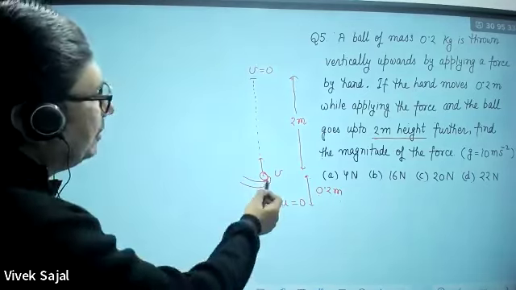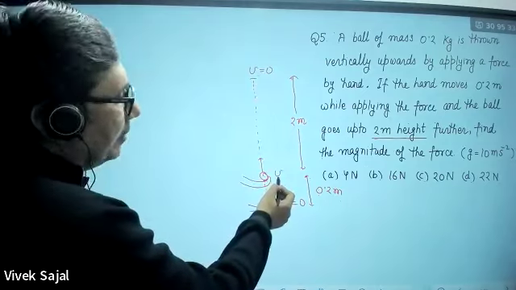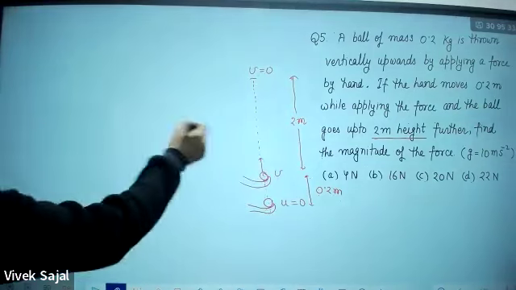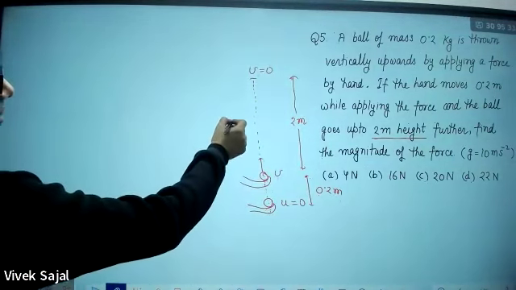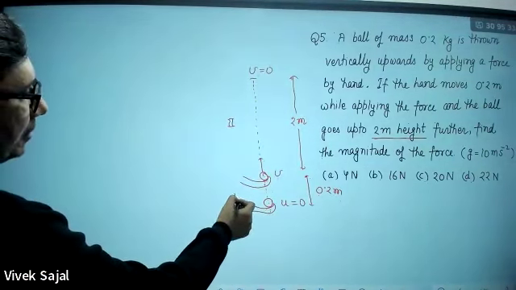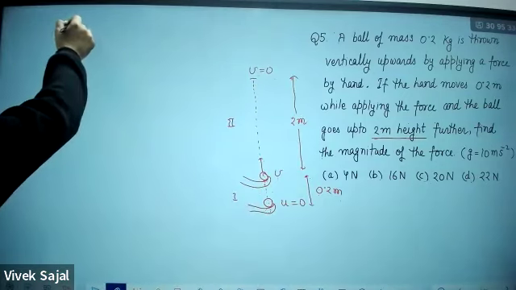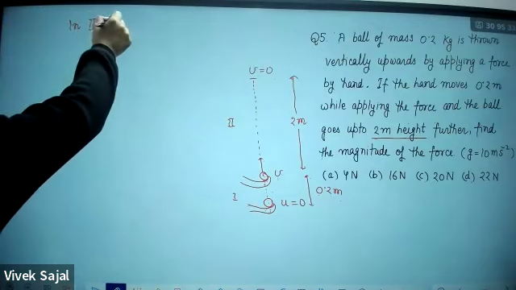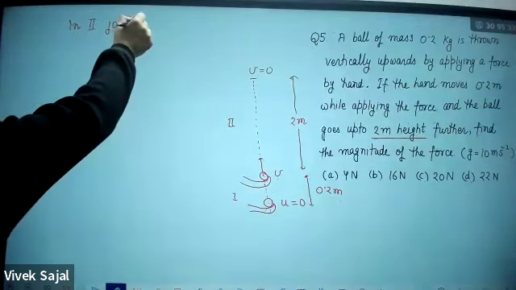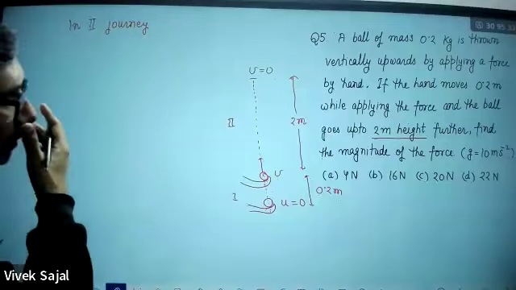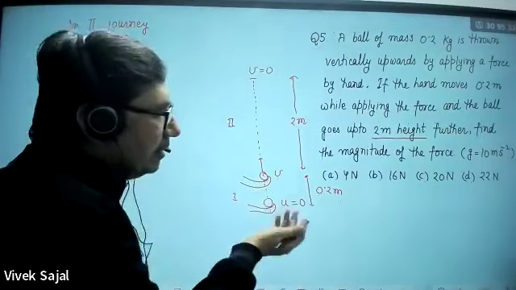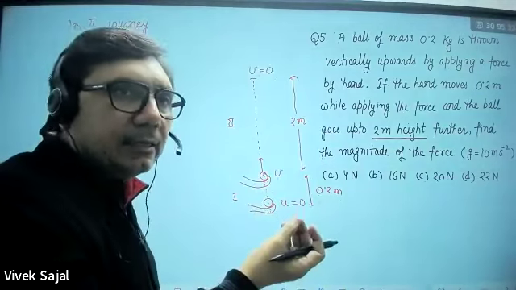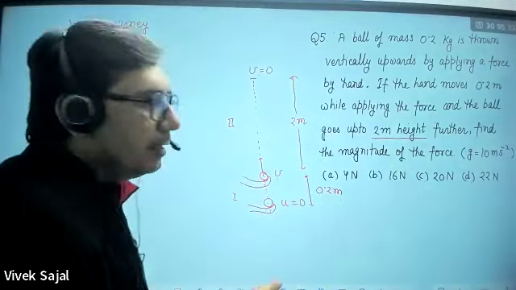So from here to here, try to understand. First, I want to find out this v. I'm calling this the second journey and this the first journey. So in the second journey, when the hand has thrown, the only acceleration acting is gravitational acceleration in the downward direction.